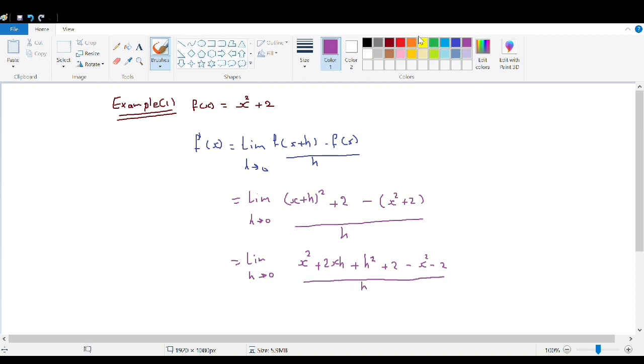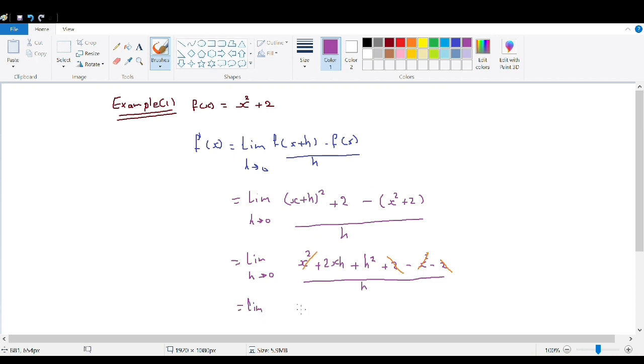So here we have x squared and negative x squared, these two will cancel. Also we have 2 and minus 2, so these two will cancel.